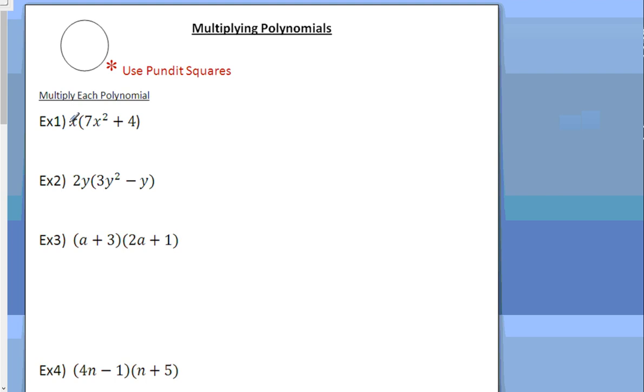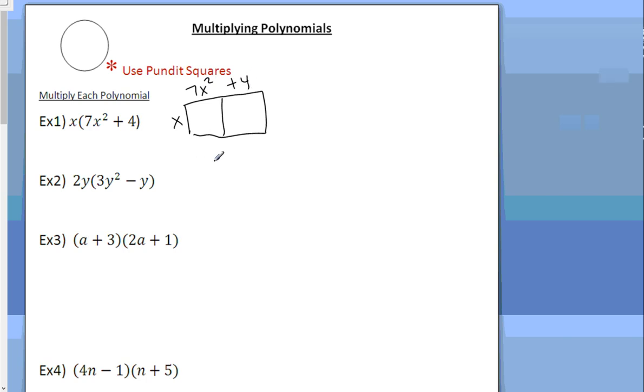So this is what we're going to do. What you need to do is figure out how big your square is going to be. That's one term and that's two terms, so it's going to be a 1 by 2. So you're going to make a 1 by 2 square. The x is going to go here. The 7x squared plus 4 is going to go here.